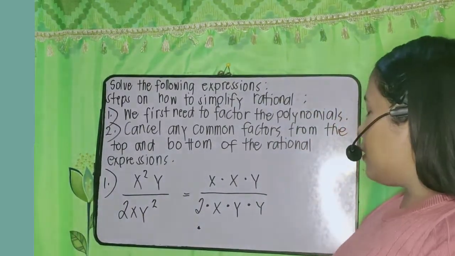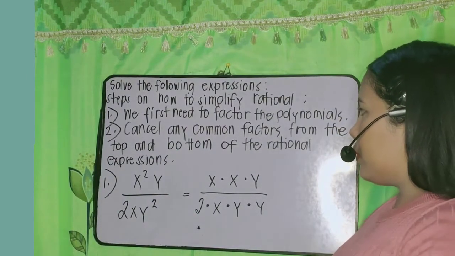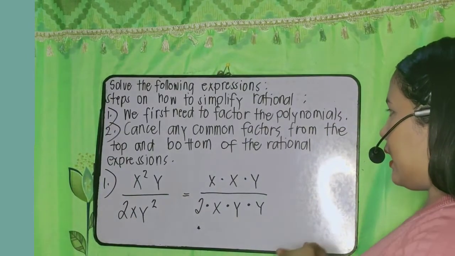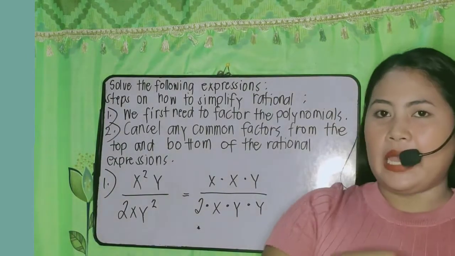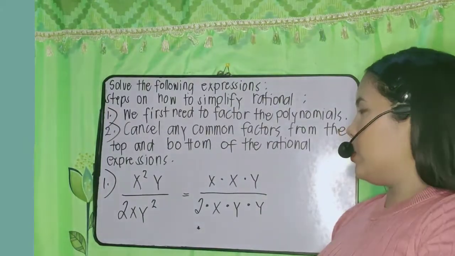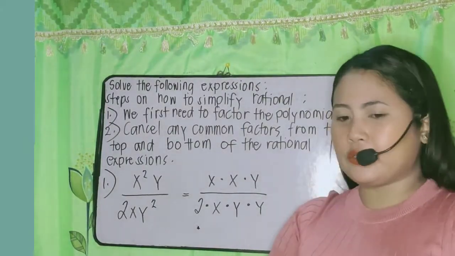Now we use the second step, which is to cancel any common factors from the top and bottom of the rational expression. We cancel out the factors that are the same.